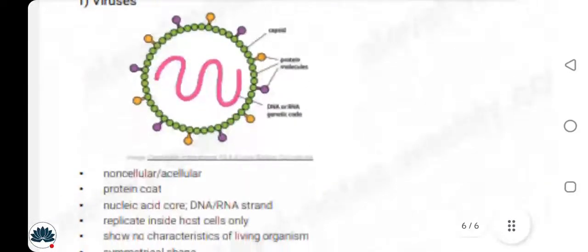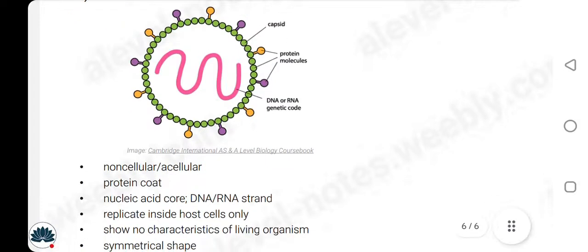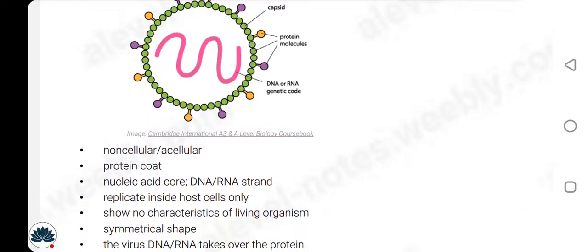And at the last, we are moving towards the diagram of the virus. As you can see, the virus has only three things: one is DNA or RNA, the genetic code; the second is plasmid; and the third is protein molecules. Nothing extra is in the virus. It is non-cellular, or you can use the word acellular. It has a protein coat and a nucleic acid core, a DNA or RNA strand, and replicates inside host cells only.